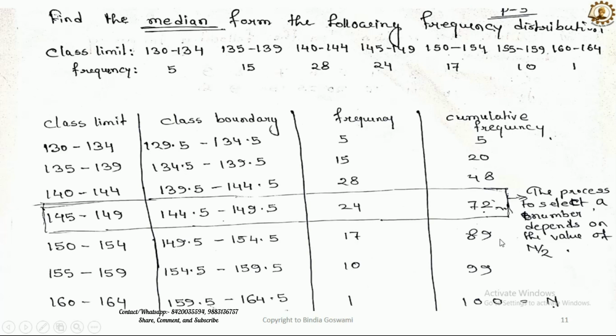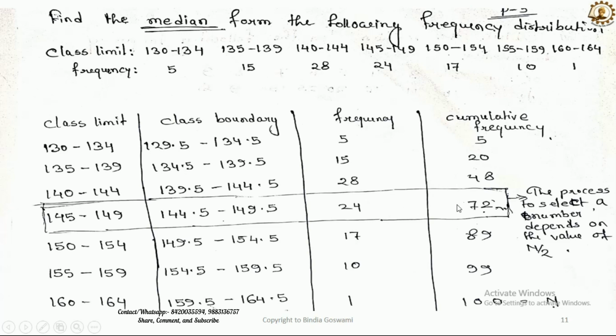Next, cumulative frequency. How to calculate cumulative frequency? Firstly put the first frequency number, which is 5, and next is 20, because 5 plus 15 is 20. Then 20 plus 28 is 48.